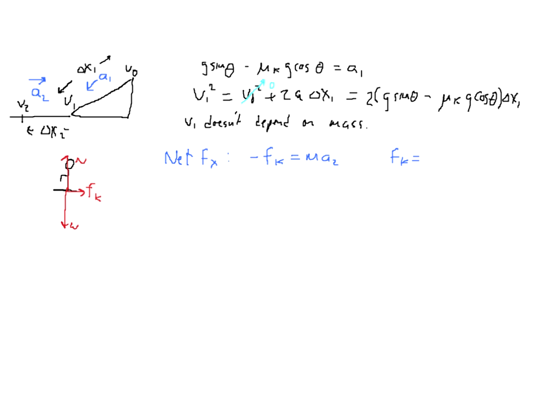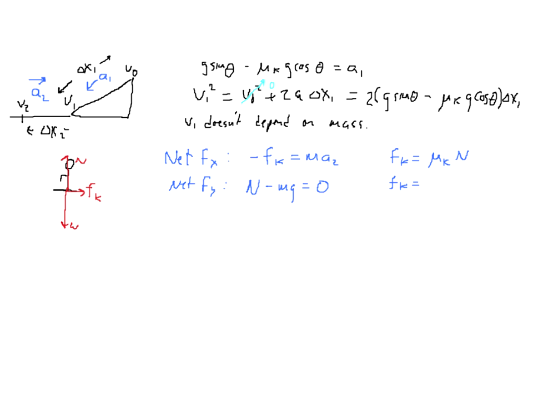We know that F sub k equals mu sub k times the normal force, and from the net force in the y direction, we could almost do this without writing an extra step, but that's just going to be N minus mg equals 0, because it's not accelerating up away from the ground or down into the ground.